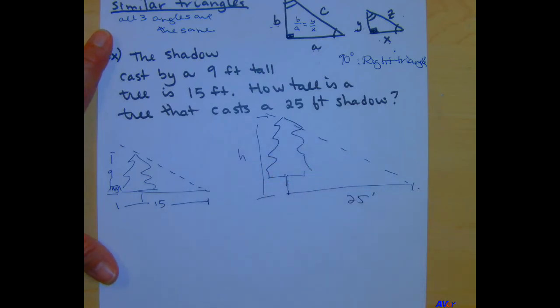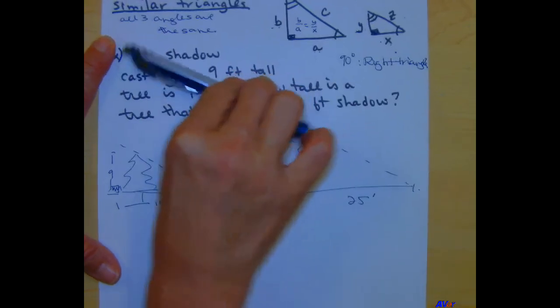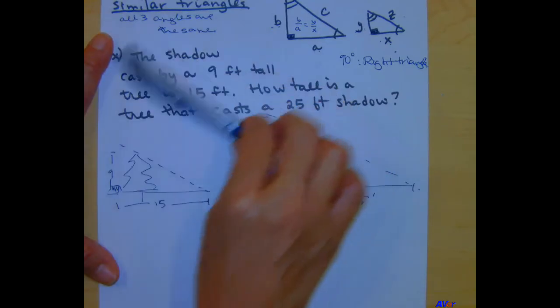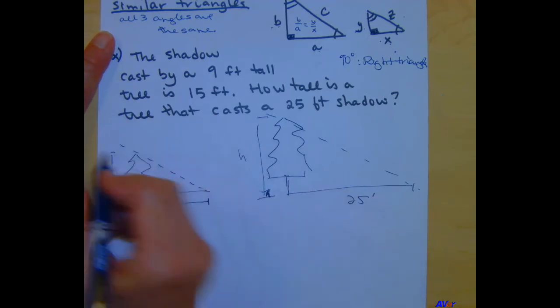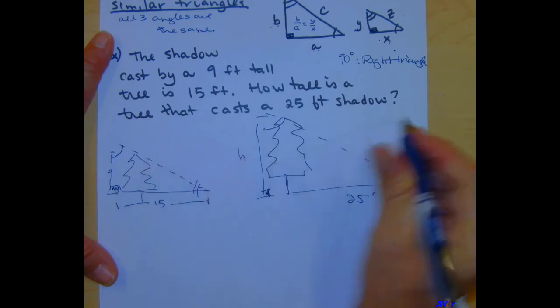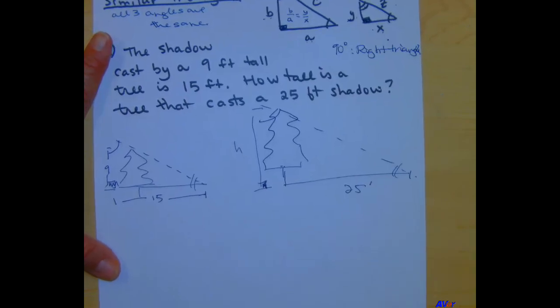As long as you're grabbing your shadow lengths at the same time of day, and on the same day, the angle of the sun is going to be the same for both. So if they're both right angles, and the angle that the sun makes is the same, then this angle down at the bottom also has to be the same. So I have two similar triangles.